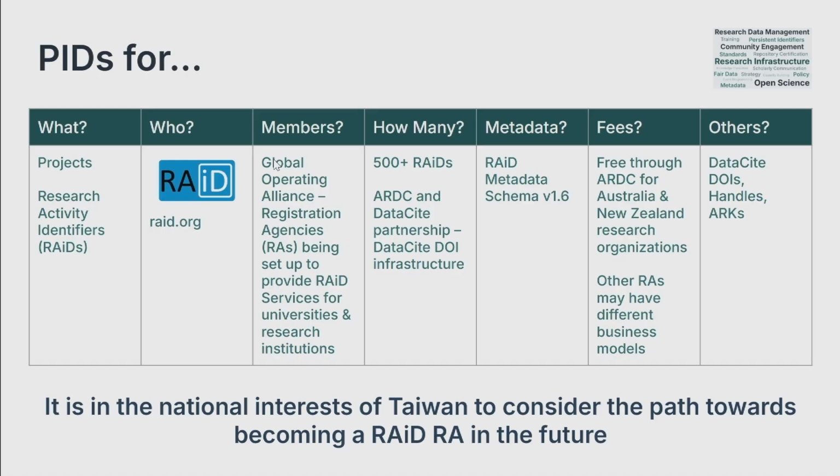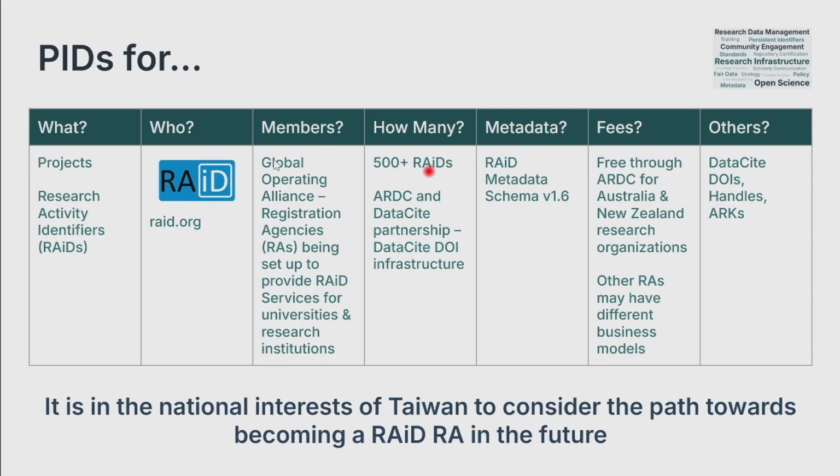RAiD is fairly new. It's an up-and-coming PID. It's an ISO standard governed by the Australian Research Data Commons, ARDC. It's got a slightly different model in that it's looking to set up registration agencies within countries or for communities' domains to form this global operating alliance. Because it's fairly new, there's only about 500 of them.